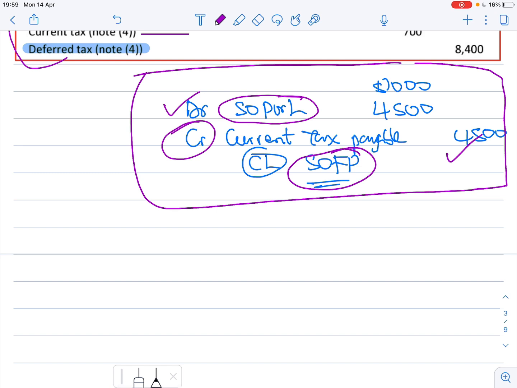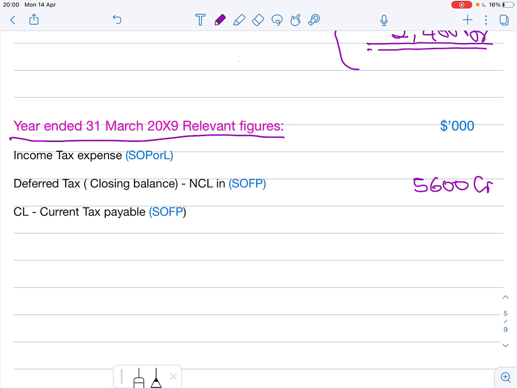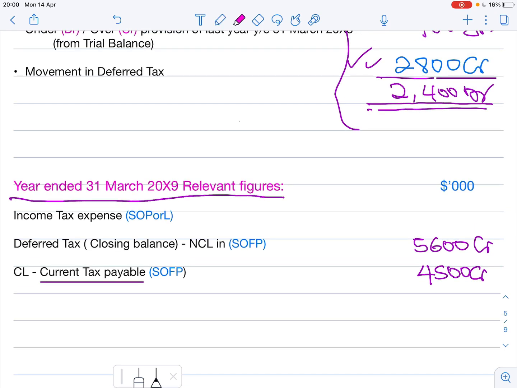It will receive it as a current liability. As a matter of fact, we call it current tax payable. So it's going to be 45, which is 4,500, and it is a liability. For every liability, there must be a credit entry in the liability account.